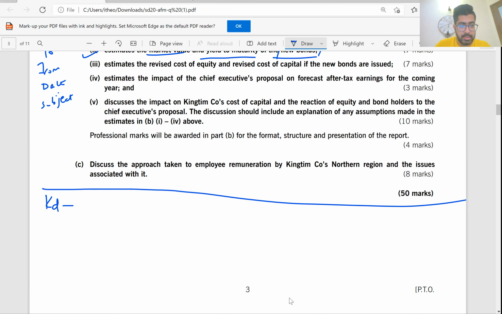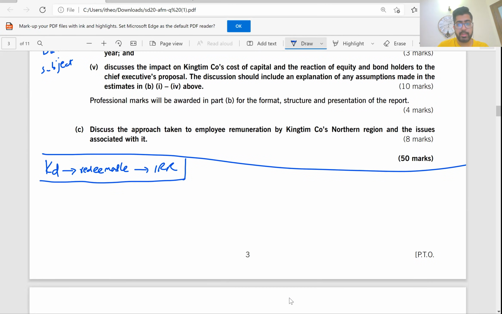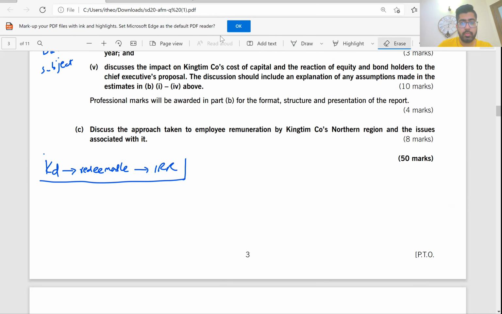So this bond is redeemable, so we will use the IRR approach. Whenever bonds are redeemable, to find cost of debt we use the IRR approach. So let's apply the IRR approach to find the cost of debt, also called yield to maturity.